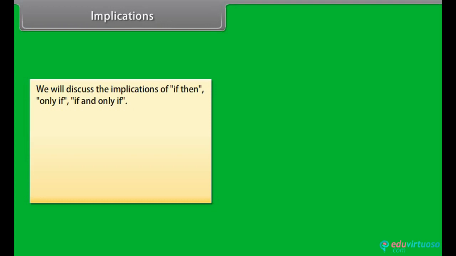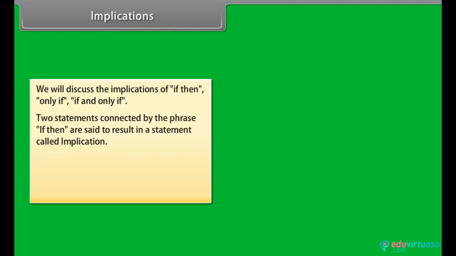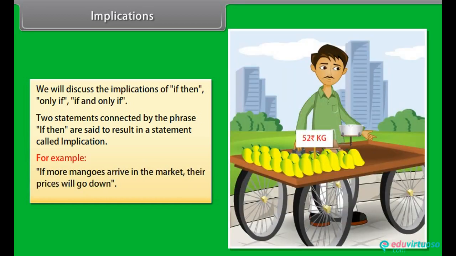Implications. We will discuss the implications of if-then, only if and if and only if. Two statements connected by the phrase if-then are said to result in a statement called an implication. For example, if more mangoes arrive in the market, their prices will go down.